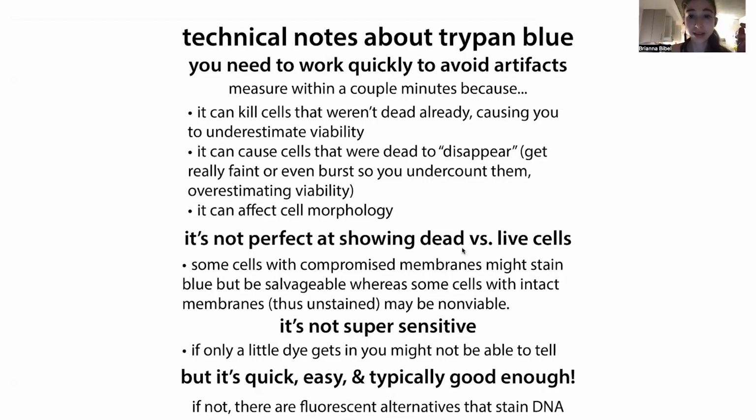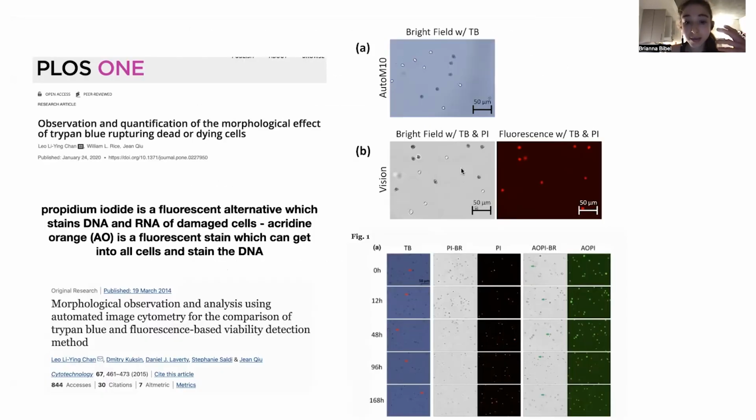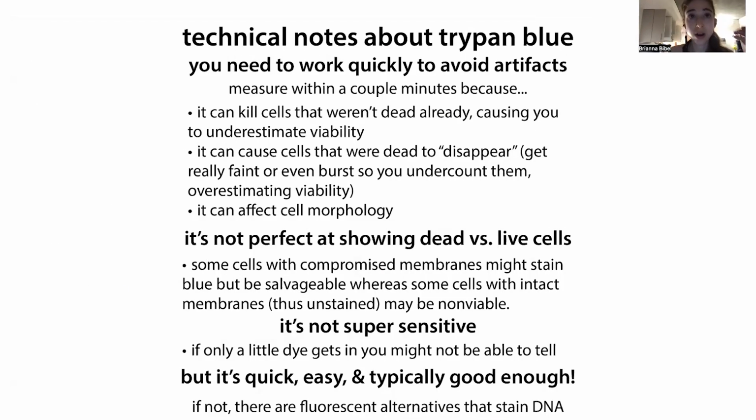So when cells that weren't dead already die, you have cells that were living in the beginning, and now over time these cells are dying. So if you measure it later, it's going to look like there are more dead cells, and you're going to underestimate the viability. You're going to think that the cells are less healthy than they are.